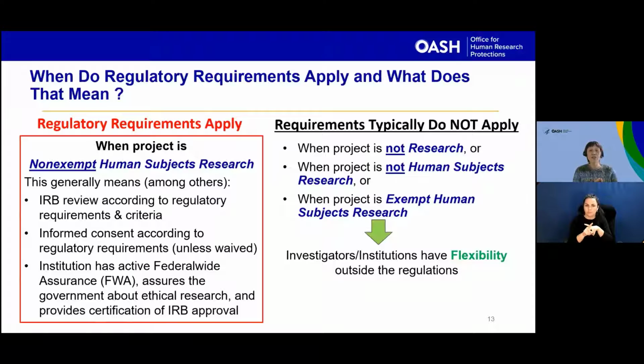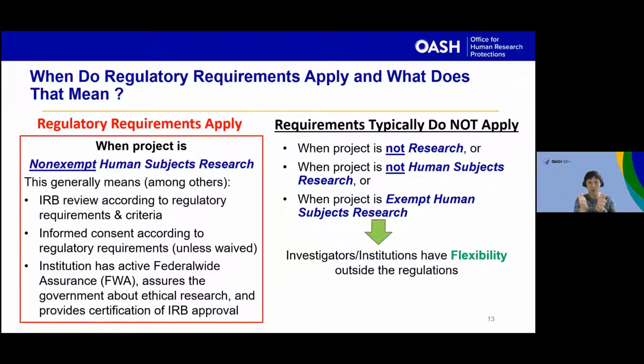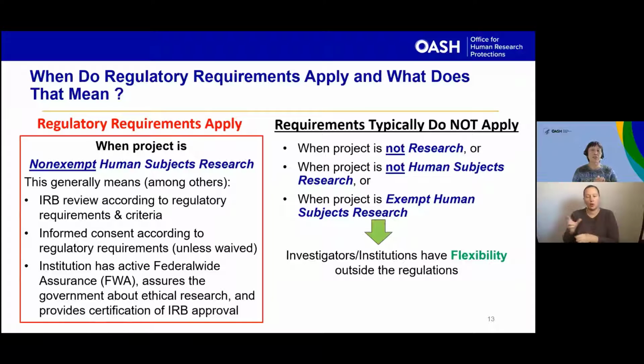Investigators and institutions would have the flexibility to do the research outside of those regulatory requirements. Now, OHRP encourages investigators and institutions to, by all means, make use of the flexibility that is available if your research project falls into one of these categories, and go ahead and make use of that flexibility to facilitate your research.